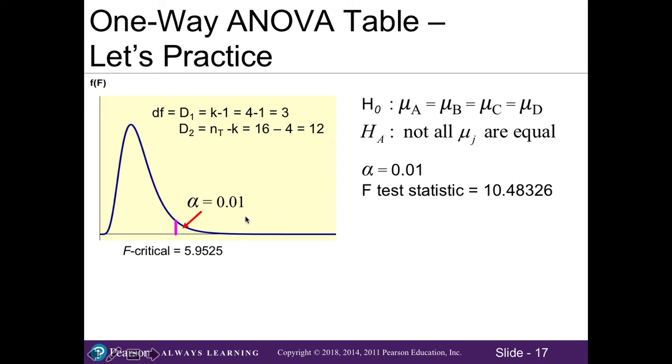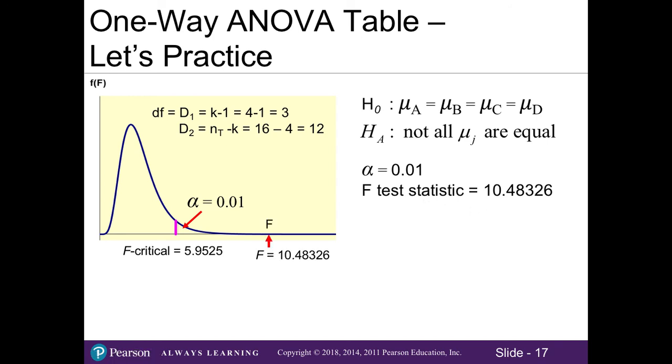Our critical value, or our cutoff point of 5.9525, is right here, and that's based on our alpha level of 0.01. If the story had asked for a different alpha level, we would have a different F critical. The null states that all 4 manufacturers have the same time frame on the emergency lights, and the alternative says no, they're not all equal. Our F test statistic that we found in Excel was 10.48326.